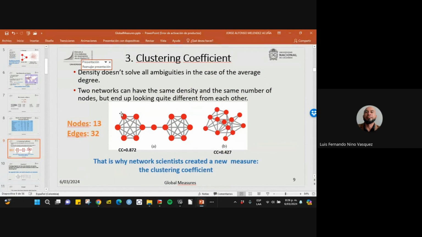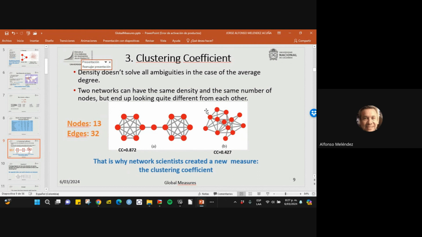It's easy. 1, because all the neighbors are interconnected. And for this one, it is not 1, because this is a neighbor and they are not connected. This is less than 1, but all the others are 1. So if you sum all the clustering coefficients of all the nodes and divide by the number of nodes, you get 0.872. And if you do the same for this one, you get a different clustering coefficient.